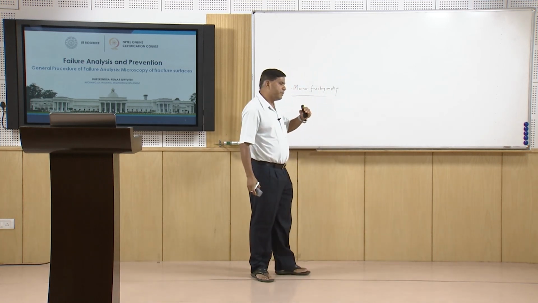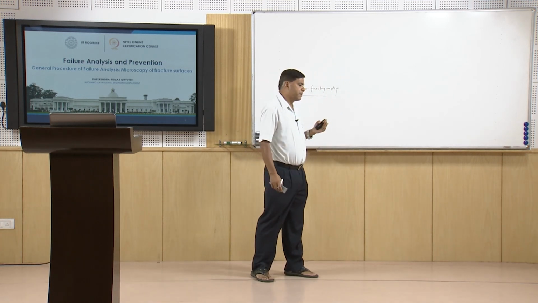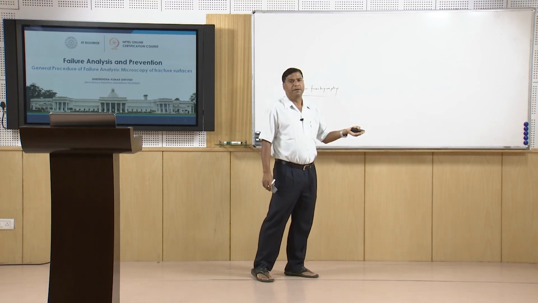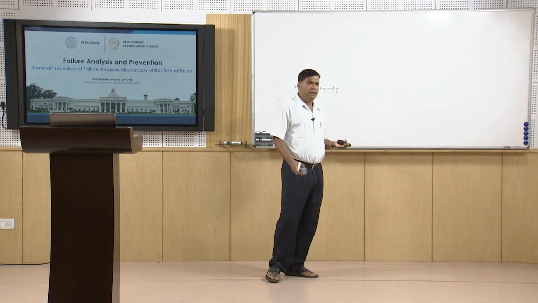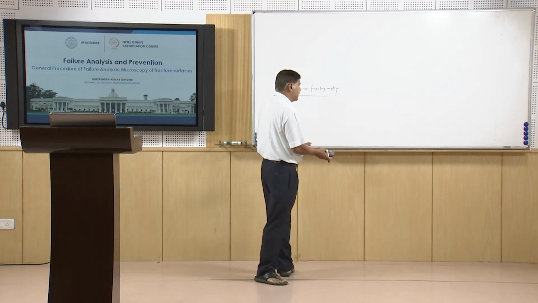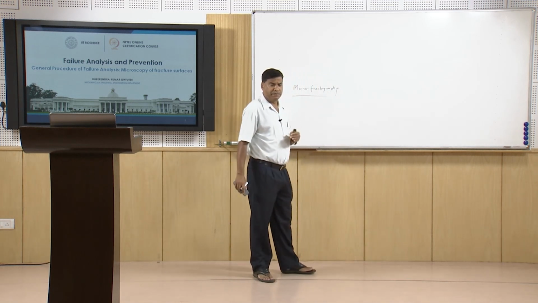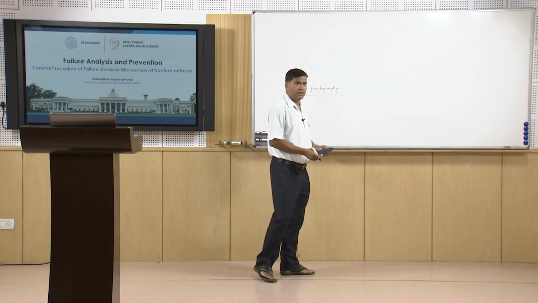Neither do we find 100% dimple fracture. Mostly we find the mixed mode of fracture, where dimples coupled with cleavage facets are present. That will indicate the existence of the mixed mode of fracture.